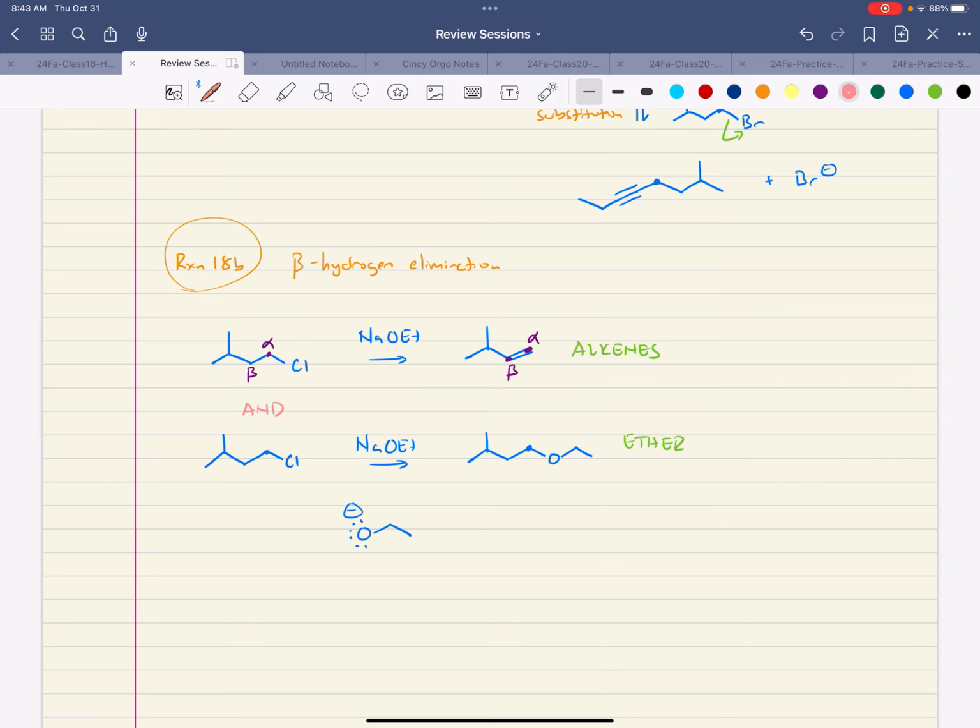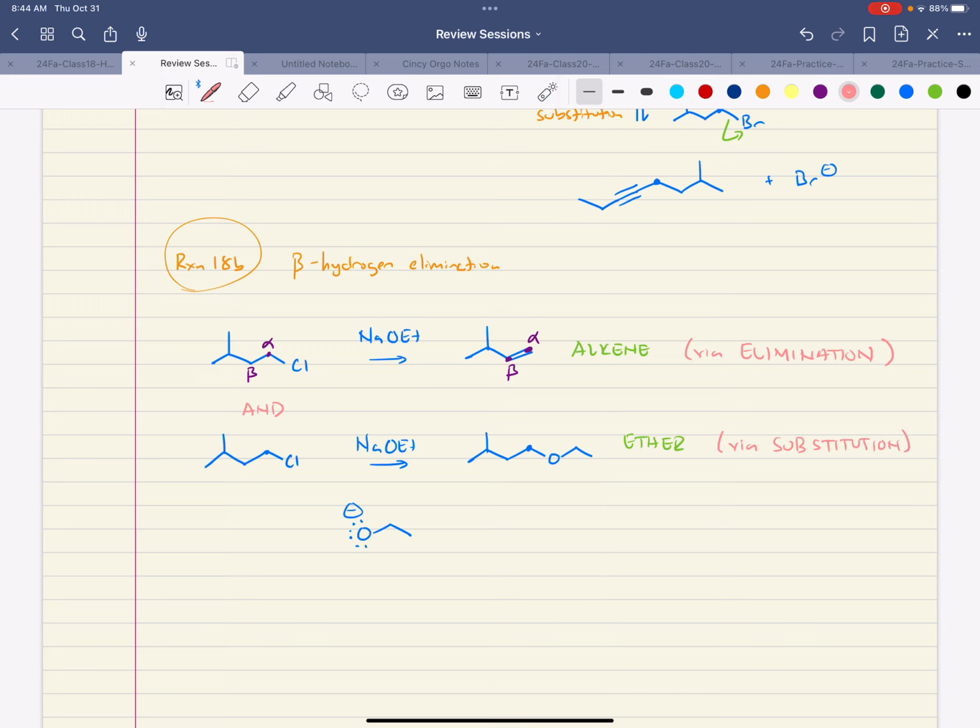And here, the alkene was produced via elimination, and the ether here was produced via substitution. And look at the starting material for both. They are identical.